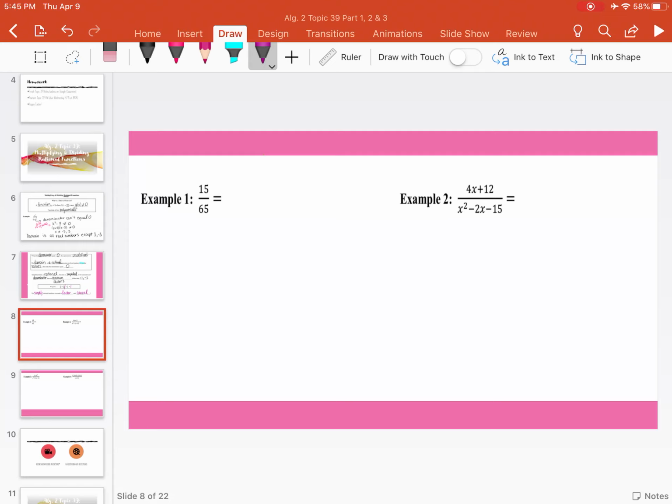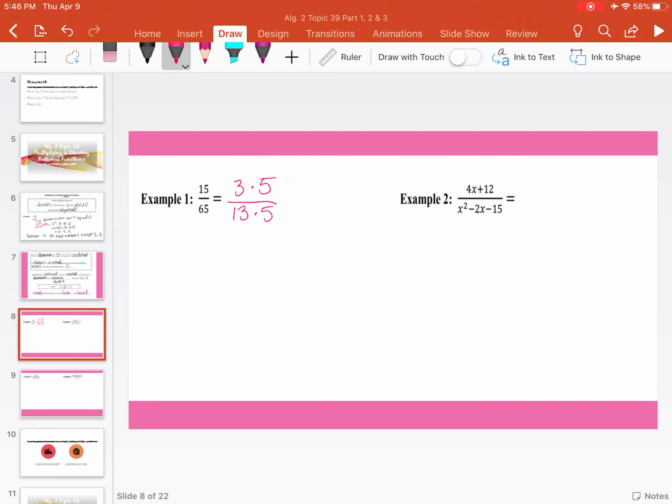In example 1, we have 15 divided by 65. Now, if we were in middle school, how do we simplify this? We would think back to, okay, what number goes into both 15 and 65? Well, we know that 15 is the same thing as 3 times 5, and 65 is the same thing as 13 times 5.